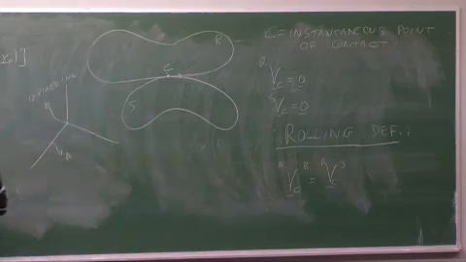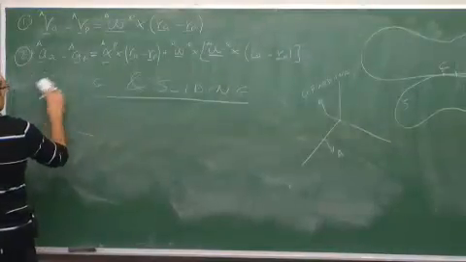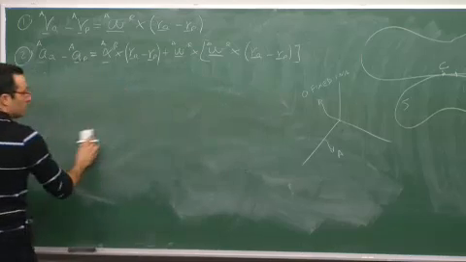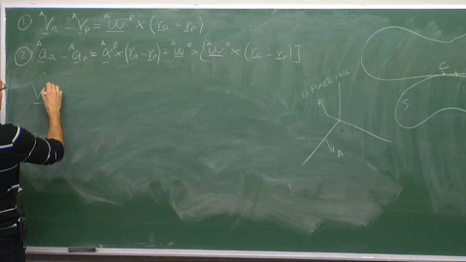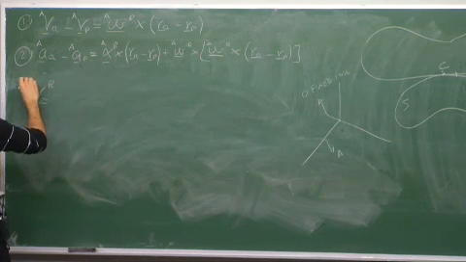So what those two are is the following. VC. So I imagine the point C as part of R in this case.